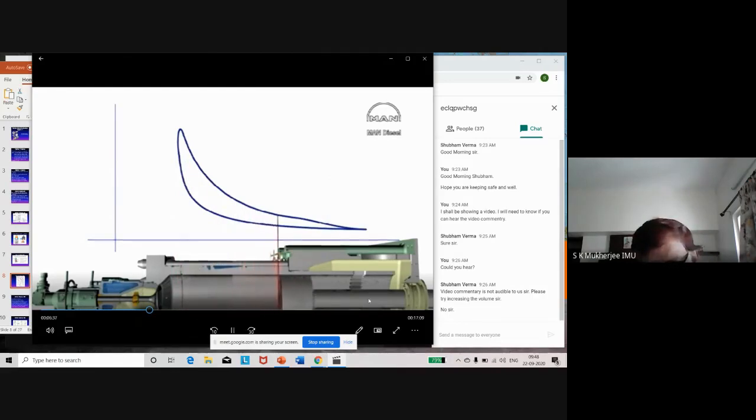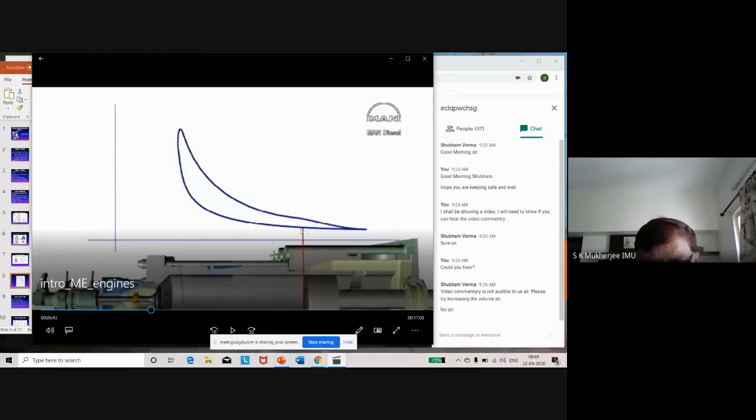This is the expansion. It will open the ports. You see, at this point, one minute. Okay. See, this is the point where the compression is taking place, all right? And I will stop it again when it comes here. And that is the point when the exhaust valve will open.